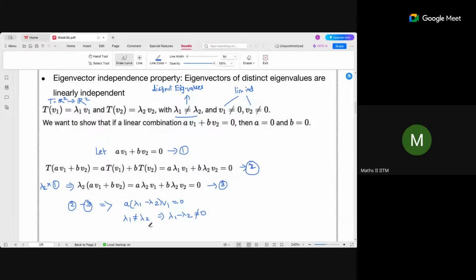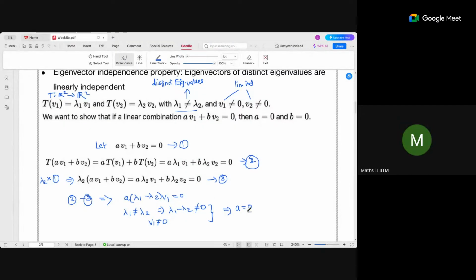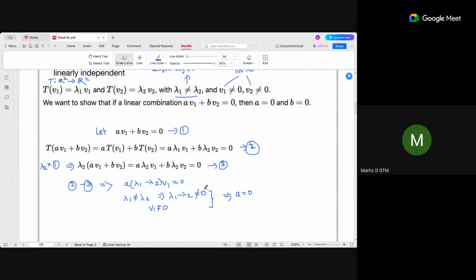Also v1 is non-zero. So this means a should be 0.